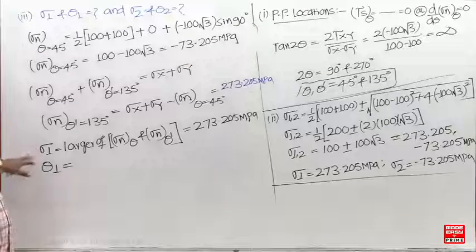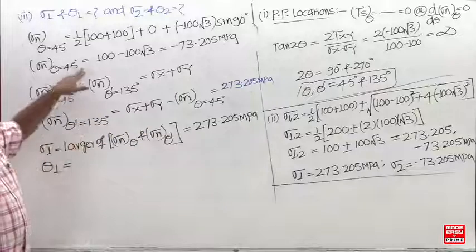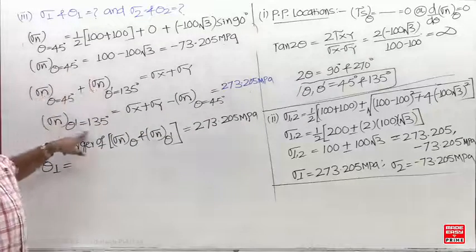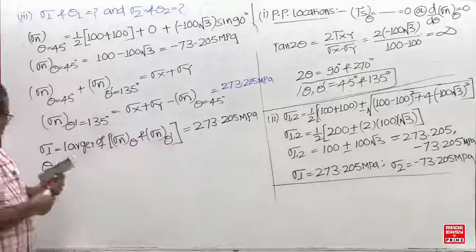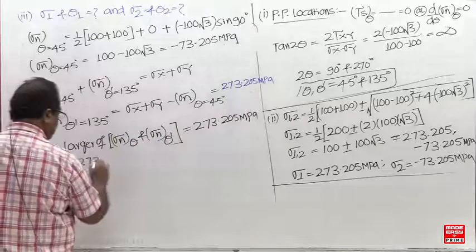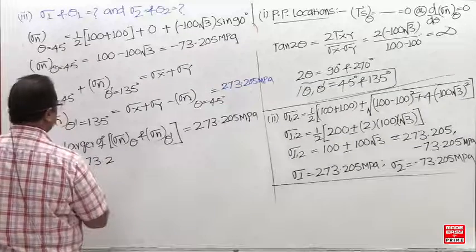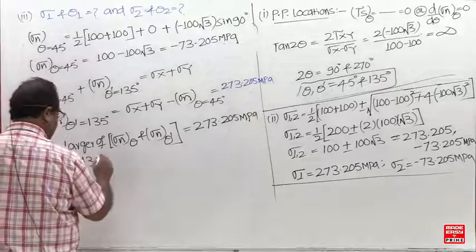Theta 1 means this plane location. How are we getting this 273, 135, 45 degrees now, 135? This 273 you are getting by substituting 135. So theta 1 is about 135 degrees.